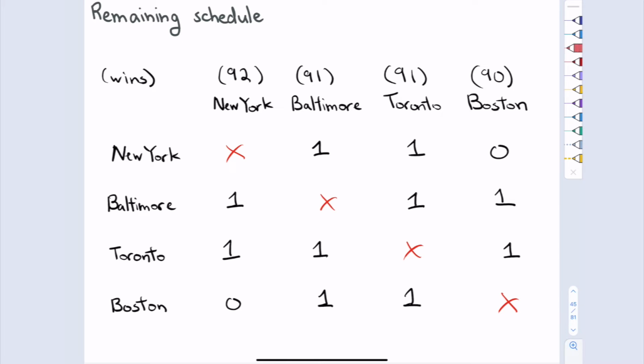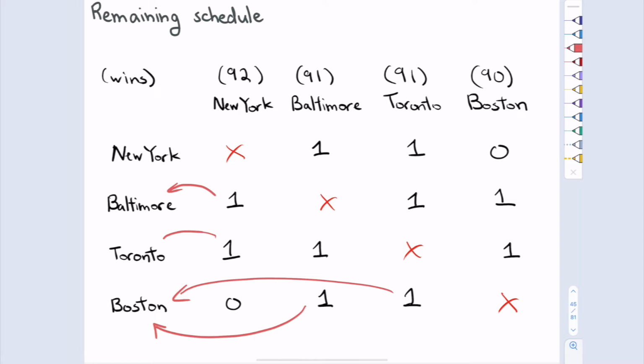Okay, so let's mark this up. Ideally Boston wins all its games. That seems necessary. Now, I also need New York to lose all of its games, so I will give those games to Baltimore and Toronto. It's sort of confusing, but we've already eliminated those games.